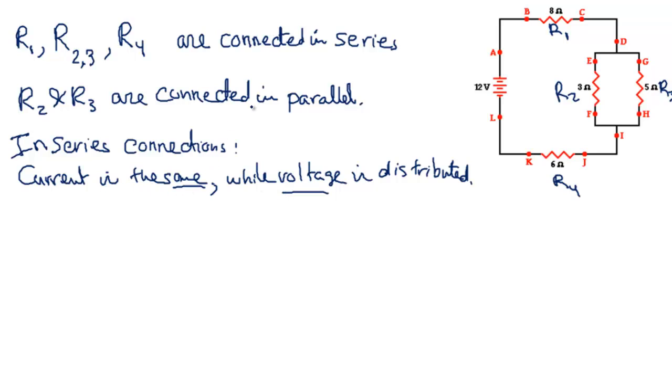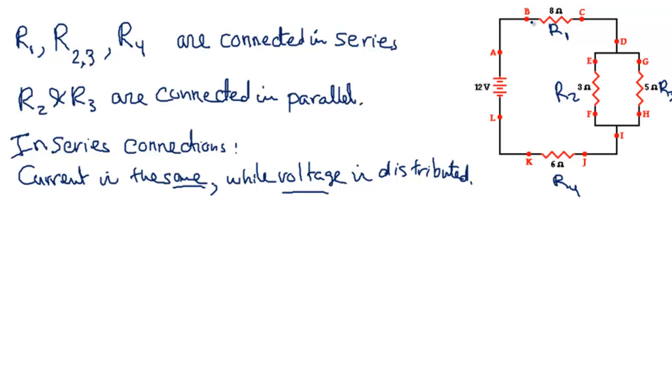In our case, we have 3 resistors in series: resistor number 1, the 8 ohm resistor, resistor number 4, the 6 ohm resistor, and the equivalence of R2 and R3. Those 3 are connected in series, meaning they have the same current going through them.